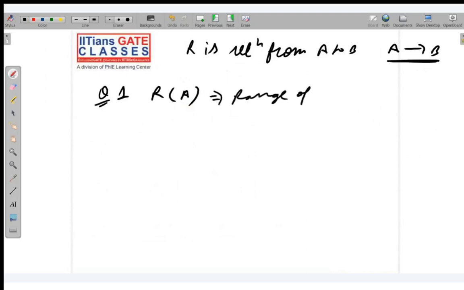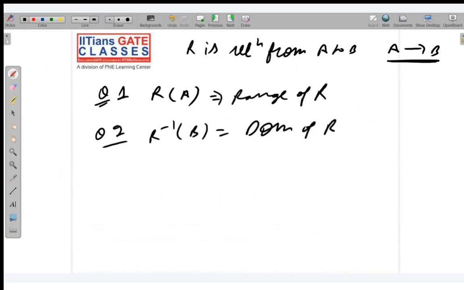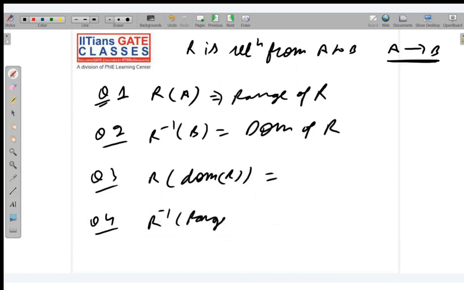Okay. Question number 2, R inverse of B, obviously domain of R. Question number 3, R of domain of R. And question number 4, R inverse of range of R. R of domain of R, obviously range of R. R inverse of range of R, domain of R. Please let me know if any of you is having any doubt here.